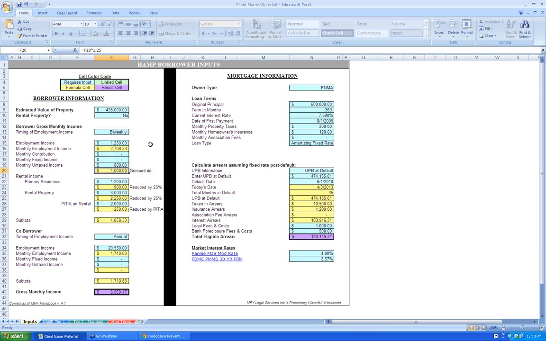And as you know, income is treated differently for HAMP purposes. So untaxed income is grossed up by a factor of 25%. Income from renting your primary residence, which would go right here, is reduced by 25%. And income from renting out a second property, a rental property, is reduced by the 25% and then reduced by the housing cost on the second home.